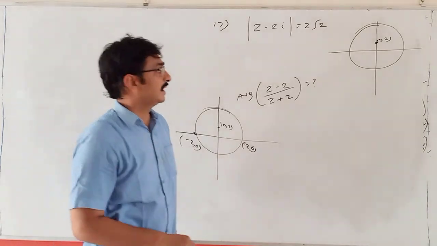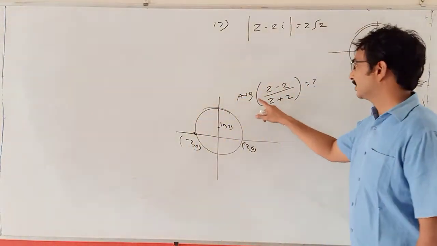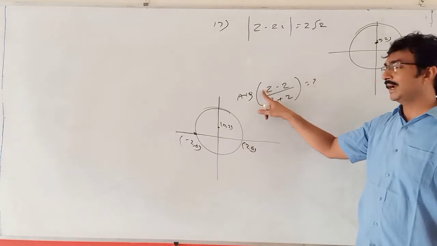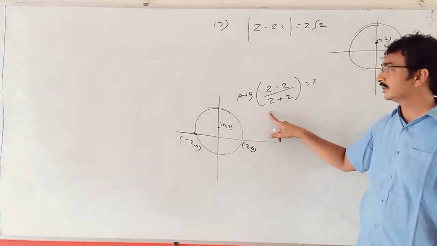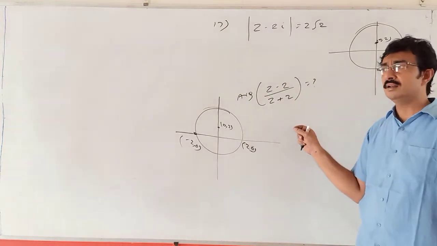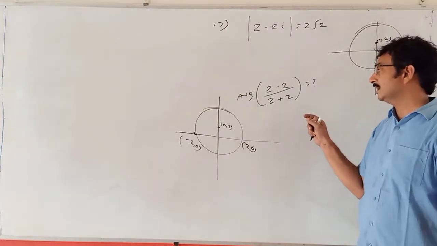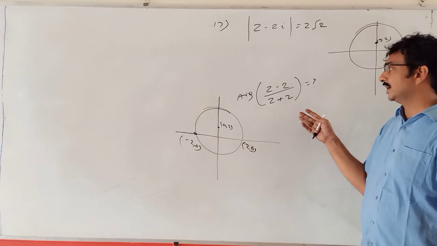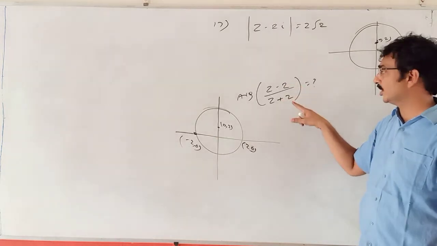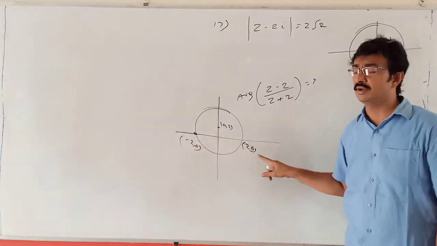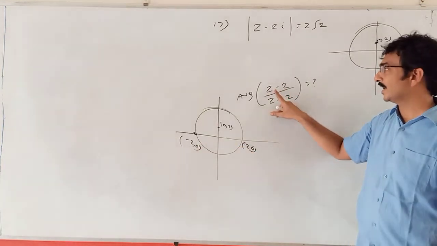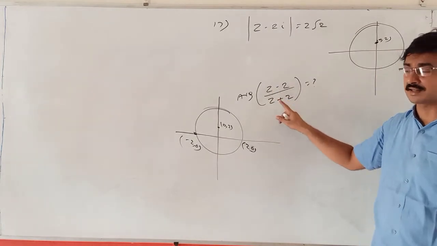Now what is required? Required is argument of Z minus 2 by Z plus 2. In the numerator and denominator Z is common. So that means the required is the angle subtended by the line segment joining 2, 0 and minus 2, 0 at Z. Clearly, Z lies on the circle.